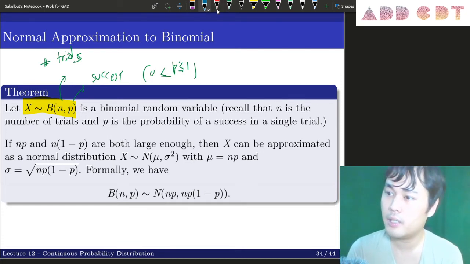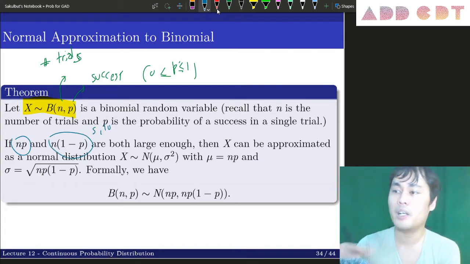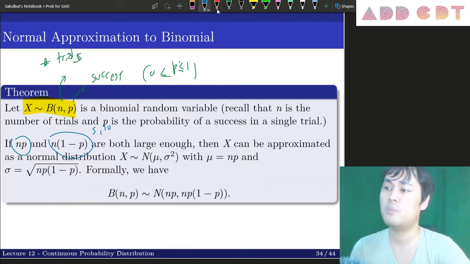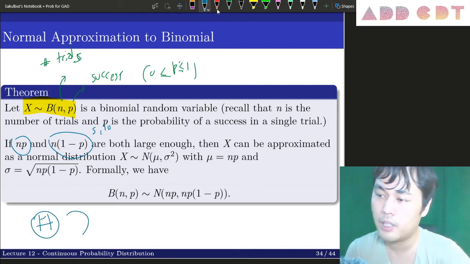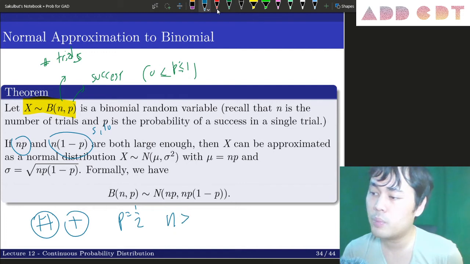There's one condition that says if these two values are large enough, and when I say large, it depends on what kind of branch you are working on, but 5 or 10 should be good enough for the products n times p. So if you talk about just the standard head or tail, p is 1/2, let's say it's not biased, so we need n to be at least 10.